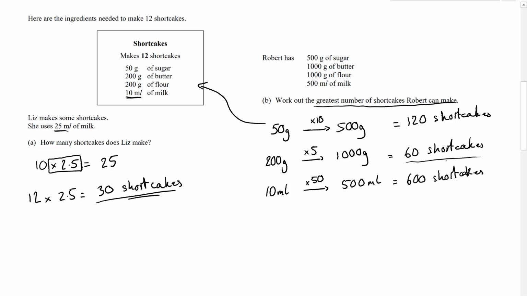As soon as we've made 60 shortcakes, we're going to run out of both butter and flour, and so we can't make any more shortcakes than that. So the greatest number of shortcakes is 60. Okay, 60 is our biggest number of shortcakes that we can make in this question.